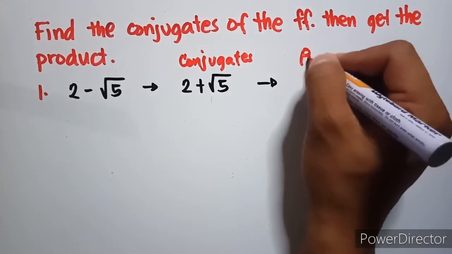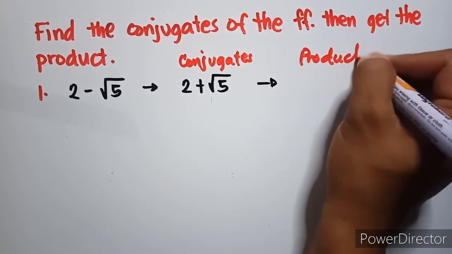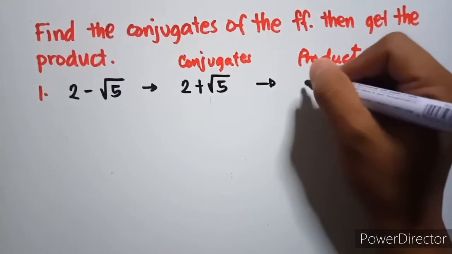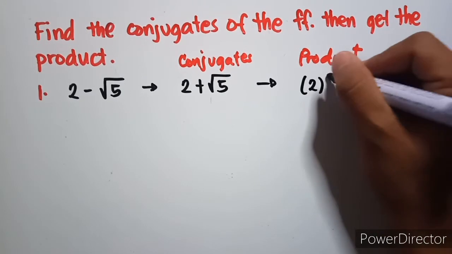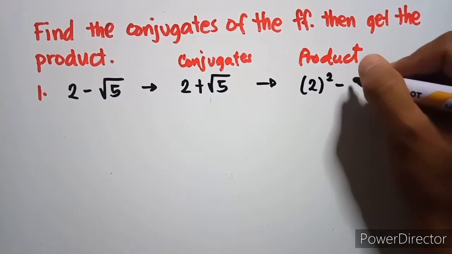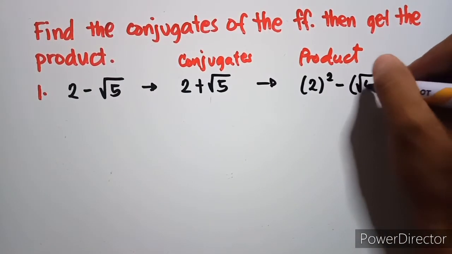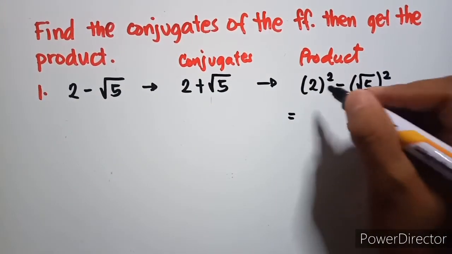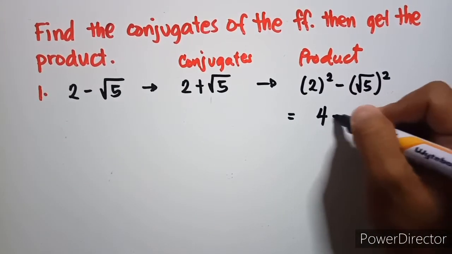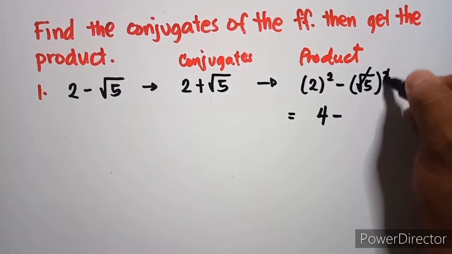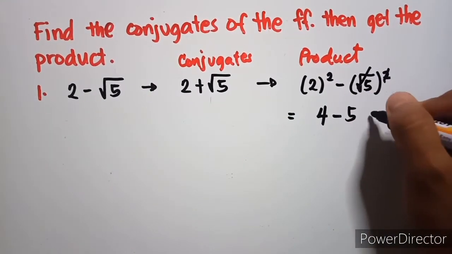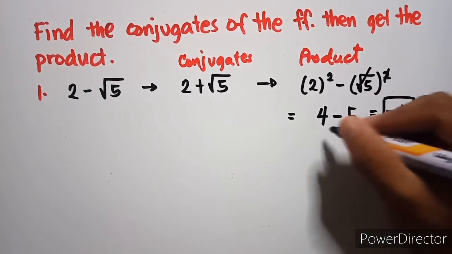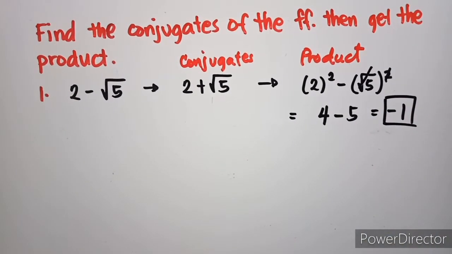And our product will be, the first term is 2 squared minus the second term, then squared. So this is equal to 2 times 2 is 4 minus, cancel yung square root at saka yung 2, 5. So the answer is negative 1. 4 minus 5 is negative 1.